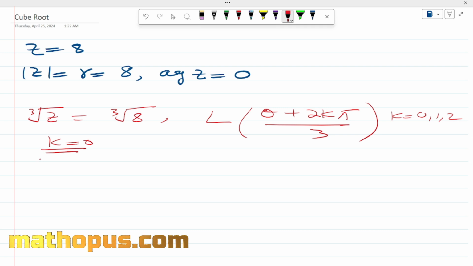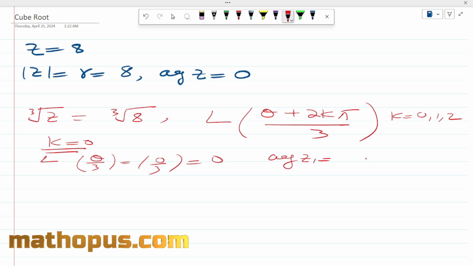When k is 0, what is going to be the angle? Angle is going to be theta over 3. That is 0 over 3. So it is 0. So the first root argument, let's say the first root z1, is 0 radians. So when k is equal to 1, it means now the angle is going to be 2 pi over 3 as it is within the range.